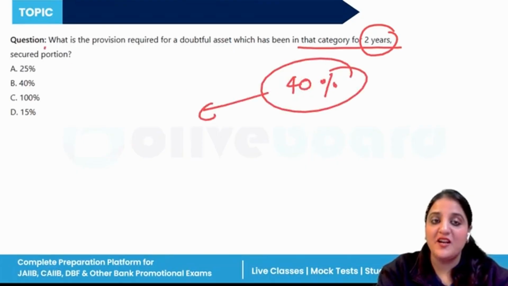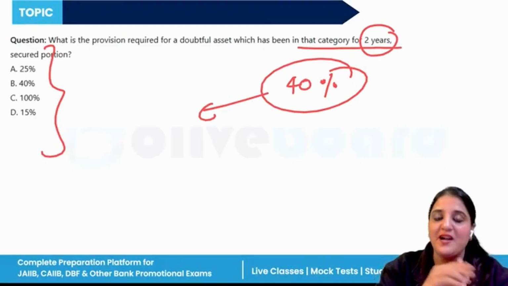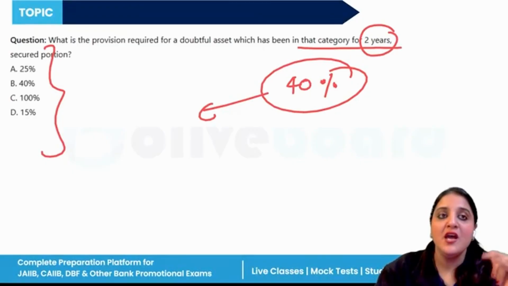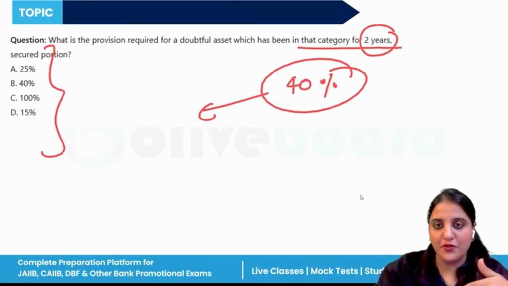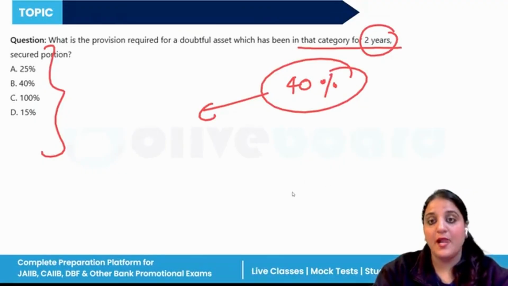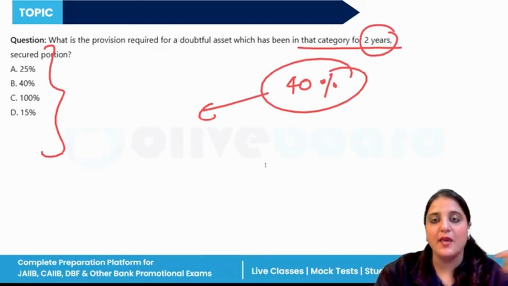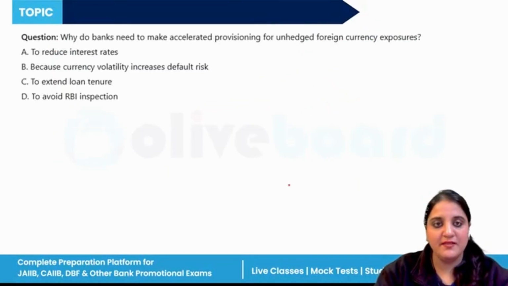But you have to learn the complete table because doubtful categories are also divided into three parts: doubtful one, doubtful two, doubtful three. Then loss assets come after the doubtful, then substandard secured, substandard unsecured, substandard infrastructural loan unsecured. These categories must be kept in your mind. Okay. Now the next question is here.